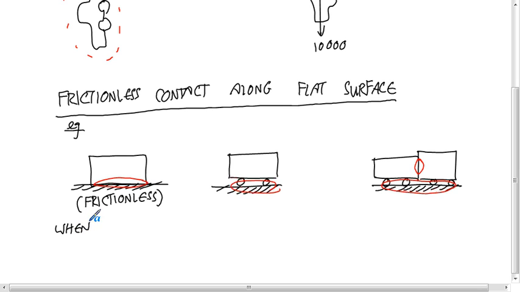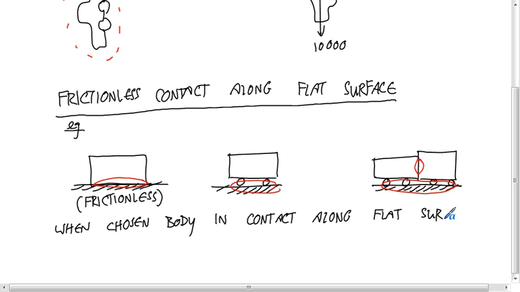And when you have this, when the chosen body is in contact along a flat surface, that contact force is A, perpendicular to the flat surface.